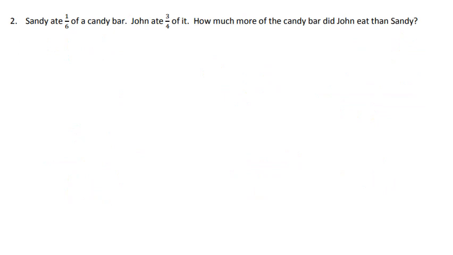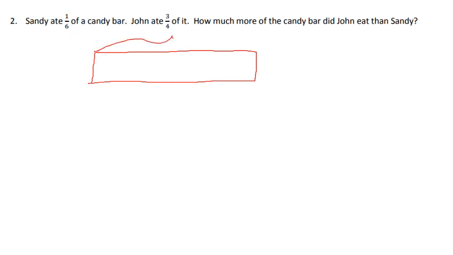Sandy ate 1/6 of a candy bar. John ate 3/4 of it. How much more of the candy bar did John eat than Sandy? So basically, we're saying here on a tape diagram, the total here is 3/4, and that is what John ate.